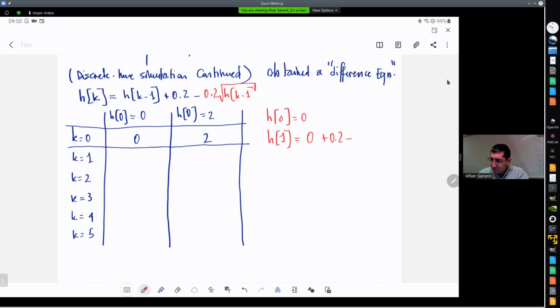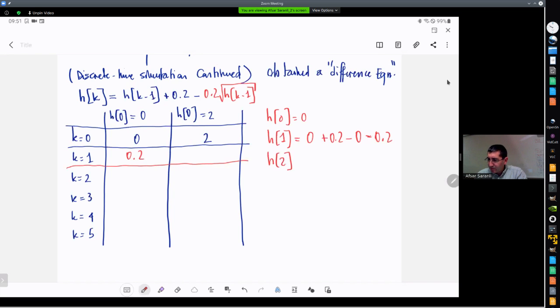So there was a mistake there. So this is 0.2 minus 0.2 times square root of hk minus 1, but hk minus 1 is still 0, so this is 0. So this calculation gives us 0.2. So that means at k equal to 1, hk rises up to 0.2. Okay, let's continue with this.